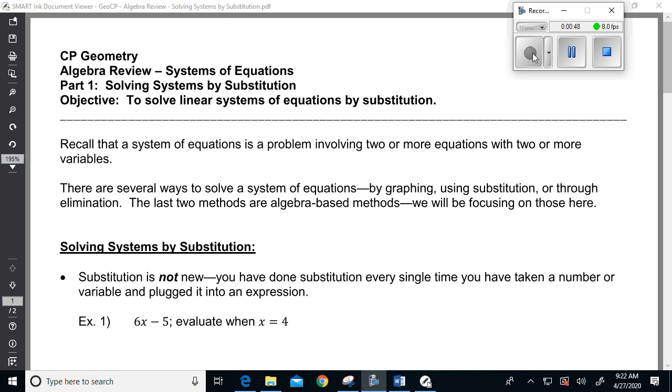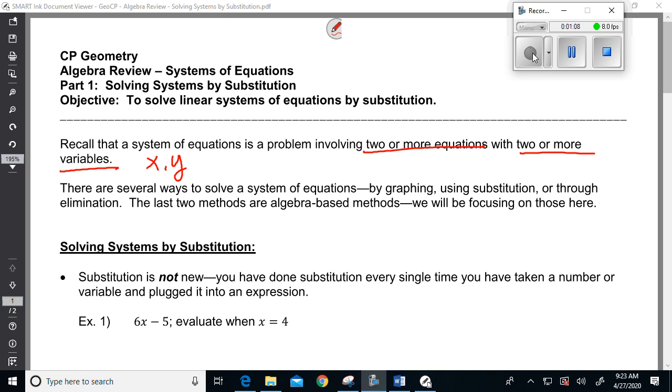To give a little bit of background, a system of equations is a problem in which you have two or more equations with two or more variables. Most of the time, those variables are x and y, but those variables can be any letters.